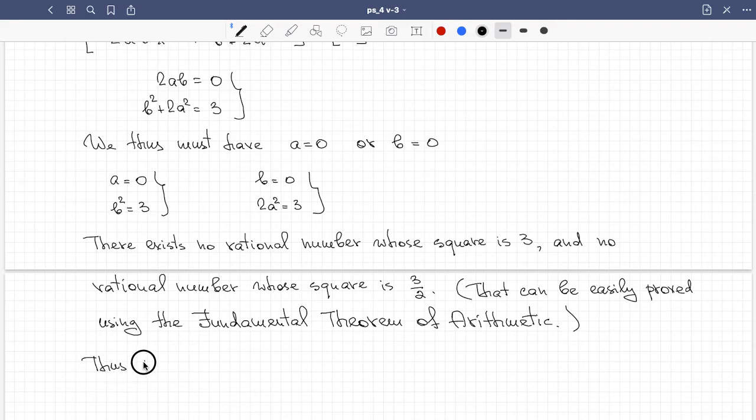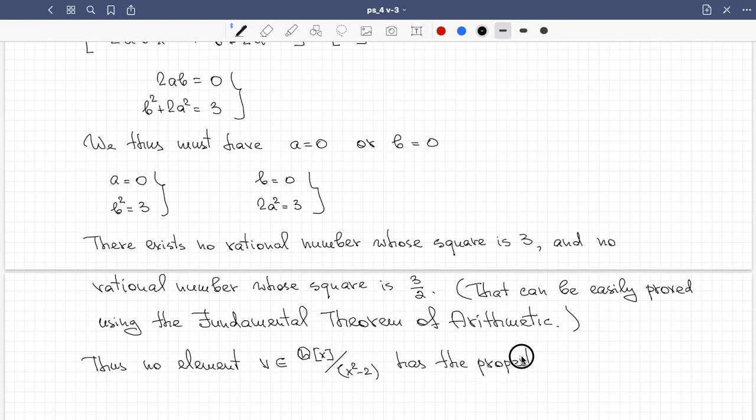Thus no element v in this field has the property v squared equals 3.